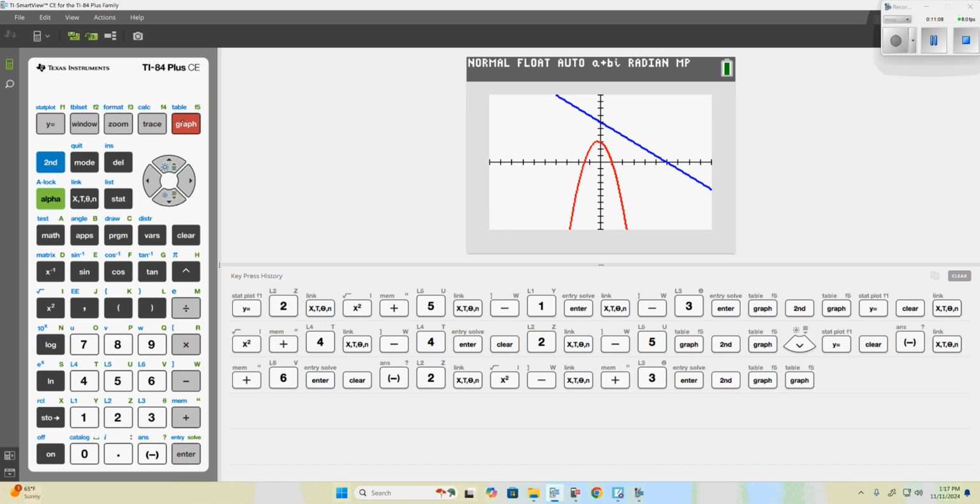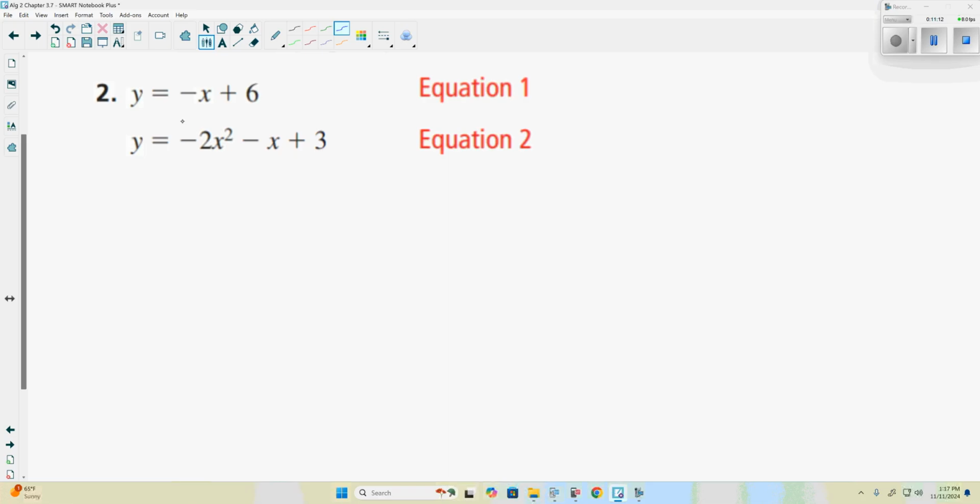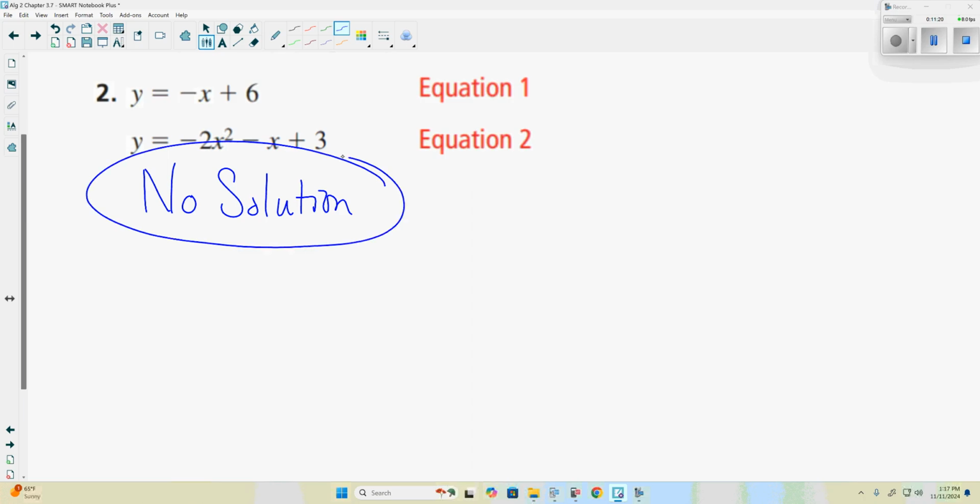So it will never approach, it will never cross. So all that's telling us for this is that there is no solution because there is no intersection of the two graphs. Questions on this here?